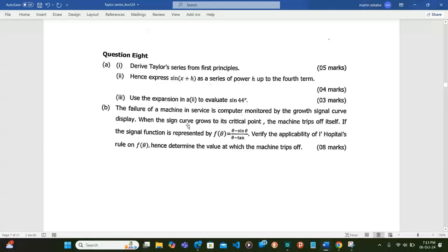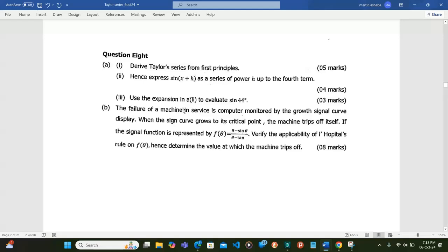Now, in this discussion, we have a number of questions to provide answers to. The first one: derive Taylor's series from first principles. In our past lectures, we earlier derived this, so we can find the link of this lecture in the description of this video.